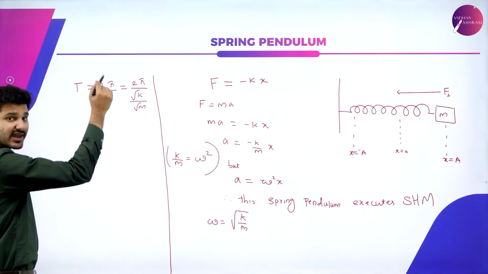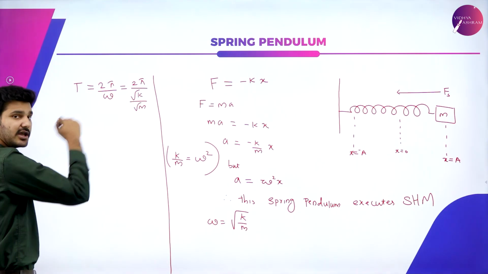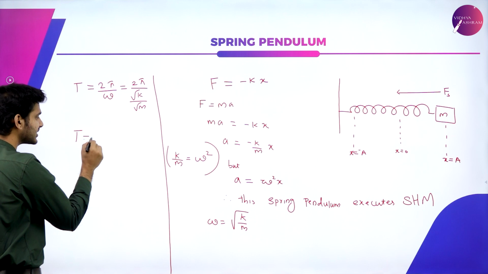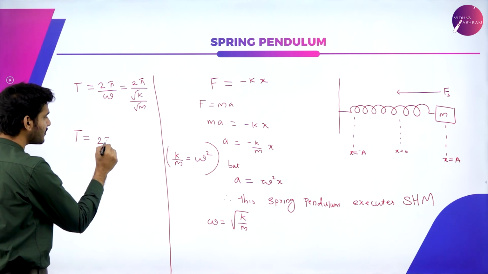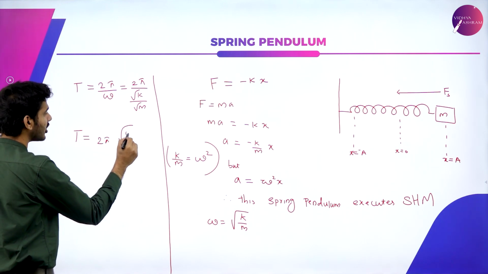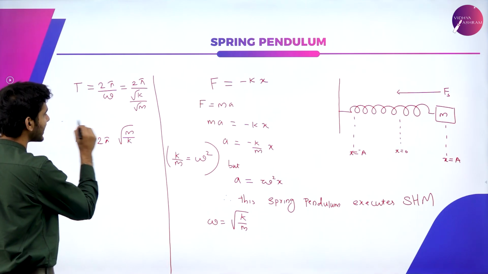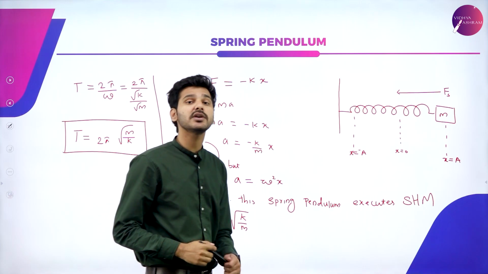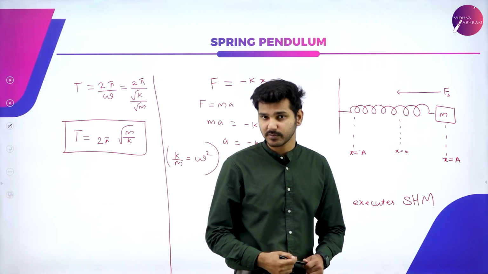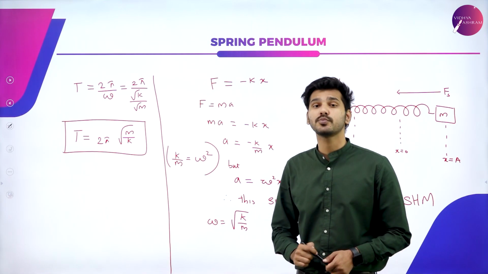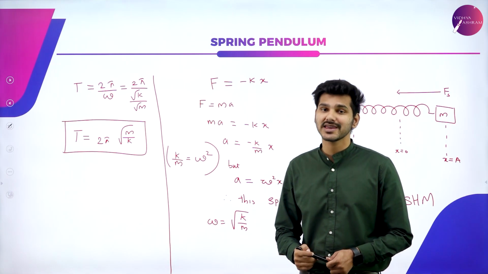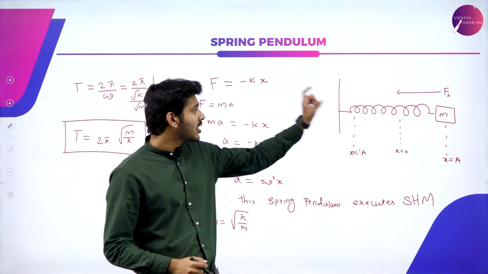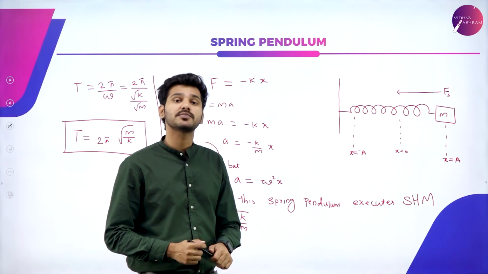I can write root k by m as root k divided by root m. So when it goes to the numerator, this can be written as 2 pi into root of m divided by k. So we have the time period of a spring pendulum, T is equal to 2 pi root of m divided by k. This small derivation gives you the time period of a spring pendulum.